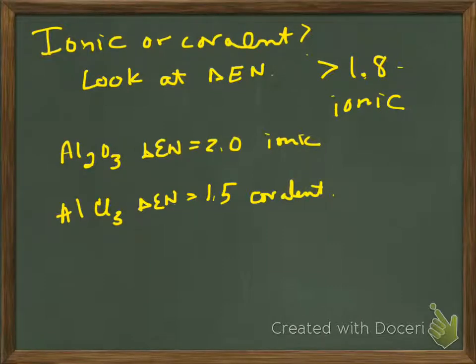Most often in general terms, because I just showed you an exception, if you have a metal and a non-metal, it would be ionic. As you remember, hopefully, you do have to know some specifics about both aluminum oxide and aluminum chloride.